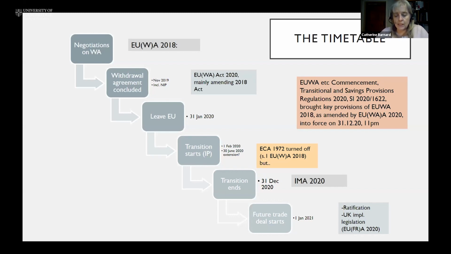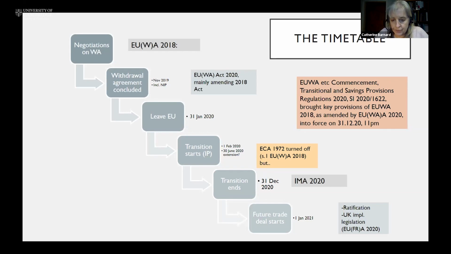We left the EU on the 31st of January, but we went into a transitional implementation period, which was broadly status quo, to give us time to negotiate the future trading relationship deal.